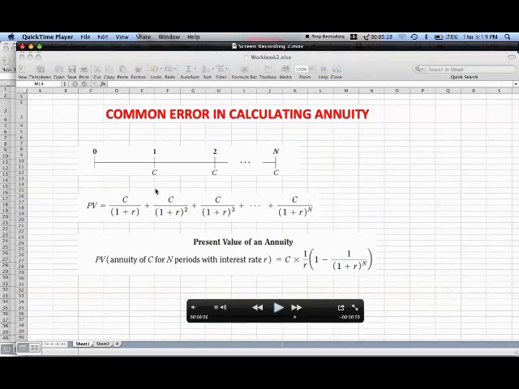Okay, so if you look at my computer screen, I put here what I call a timeline. You can see that I put here 1, 2, until n. This is the timeline.